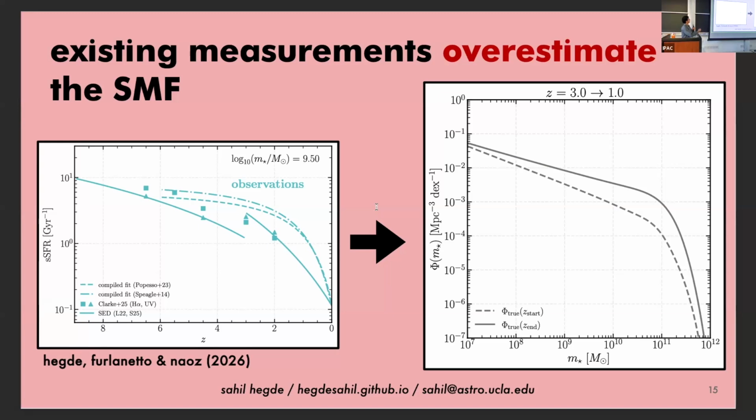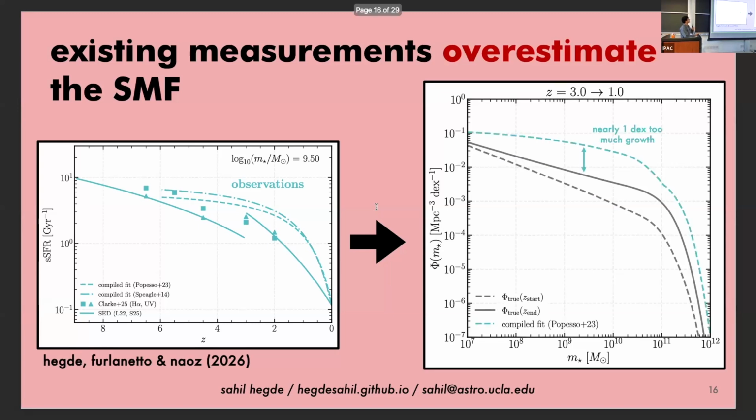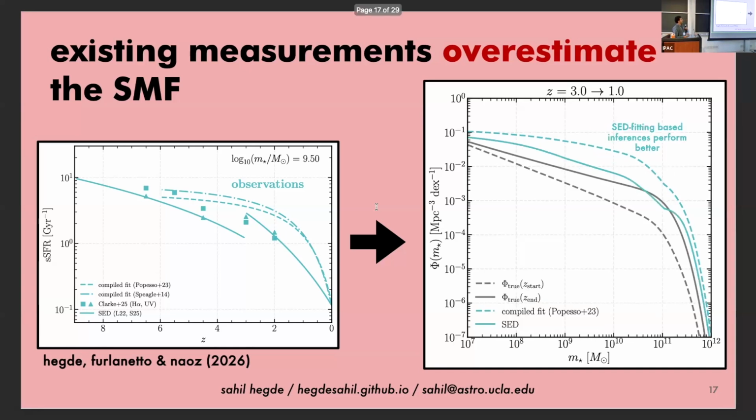So if I do that, and I take one of these literature compilations that I showed, I get something like this dashed line, where I see that these predicted star-forming main sequences actually produce way too much stellar mass. And if I use a different one of these observed main sequences, it does a little bit better, but it still doesn't work perfectly.